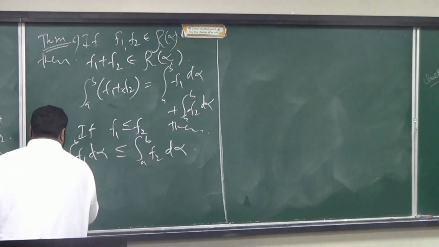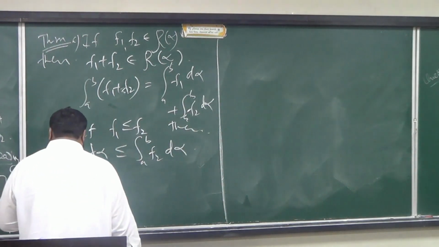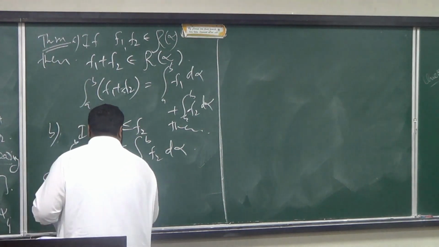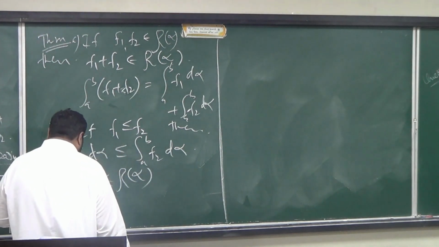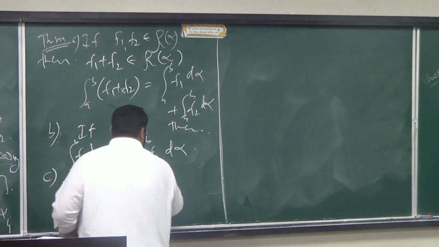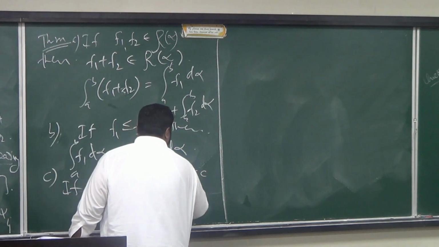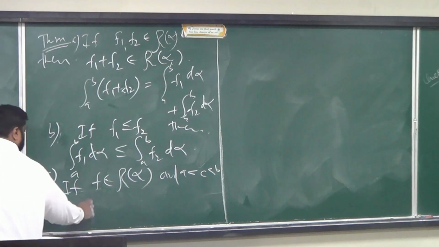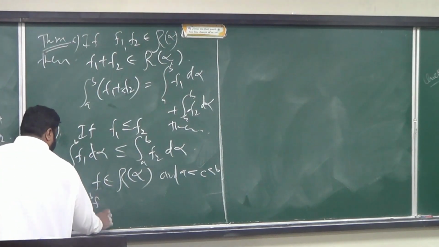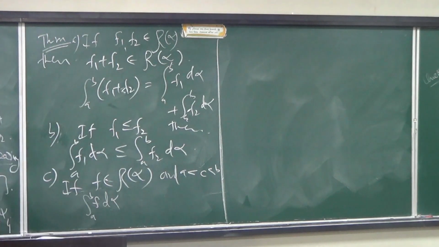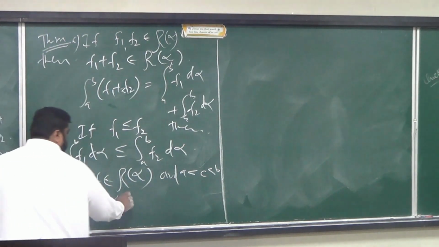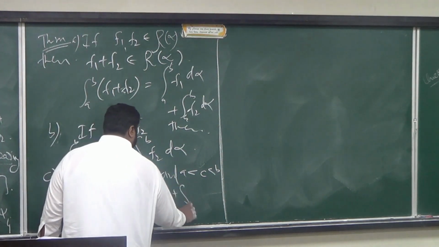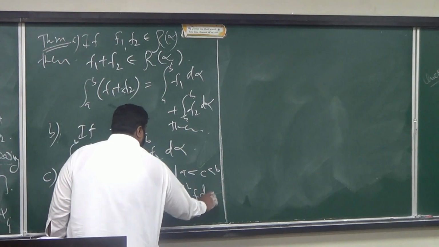Part C that we would like to prove is that if f is in R of alpha, and c is some point between a and b, and we want to compute the integral from a to b of f d alpha, which would be equal to, we can split it in two parts, the integral from a to c of f d alpha plus the integral from c to b of f d alpha.